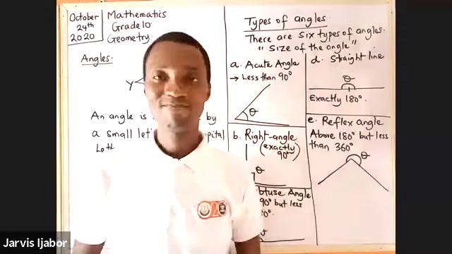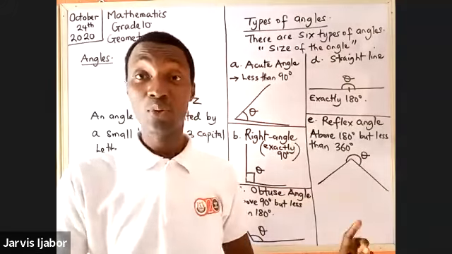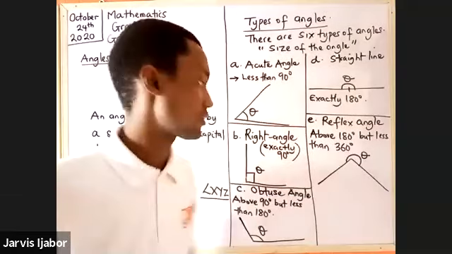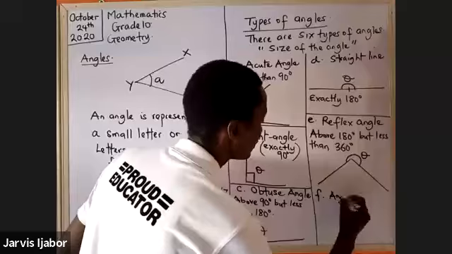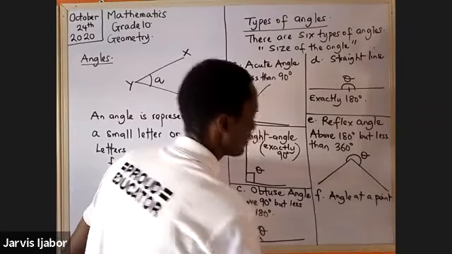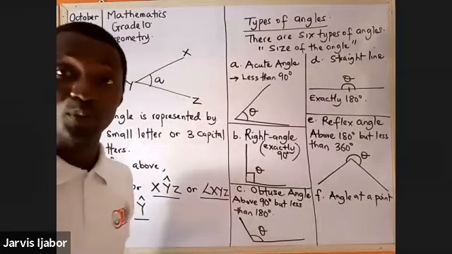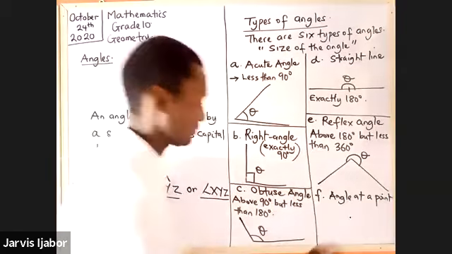Let's clear the idea, then I'll now do some relevant deductions. Now, F is what we call angle at a point. This one you really need to pay attention to. If I have a point, do you know that there's an angle?